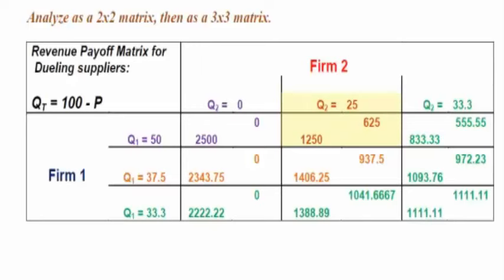The 1111.1 outcome after an infinite number of cycles is called the Cournot equilibrium, but the idea of not retaliating to firm 2's entry and obtaining a higher revenue is called the Stackelberg outcome.